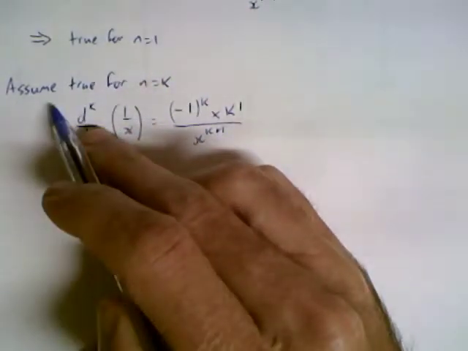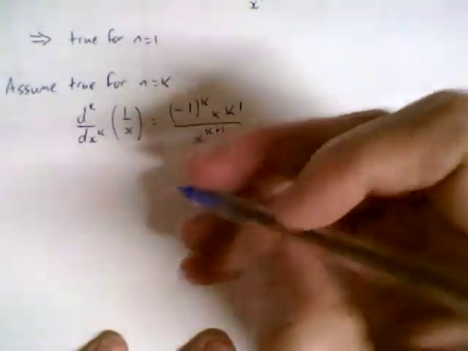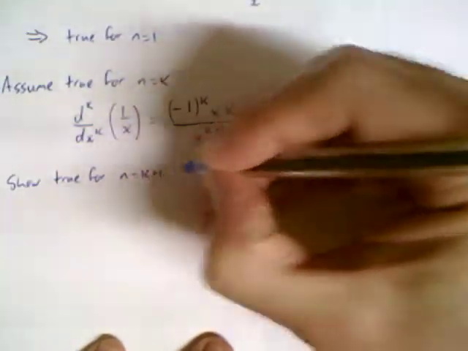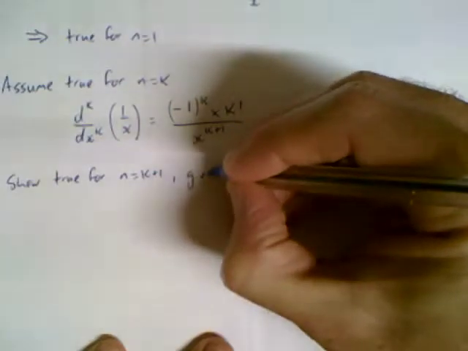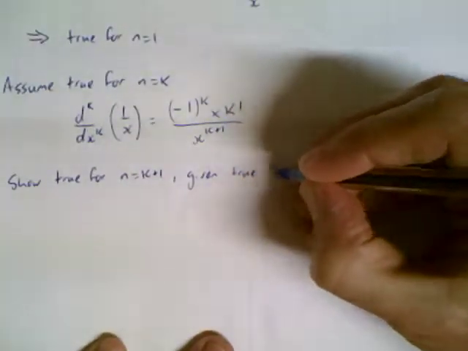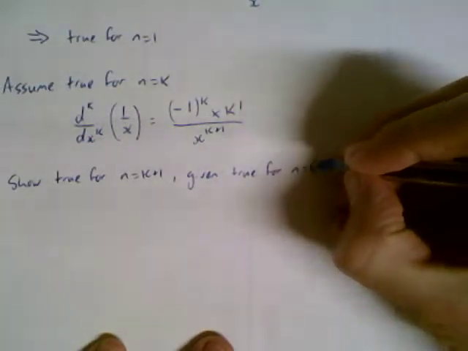And we're just assuming that this is true. Then what we want to do is show that it's true for n equals k plus 1, given that our assumption is true, given true for n equals k.